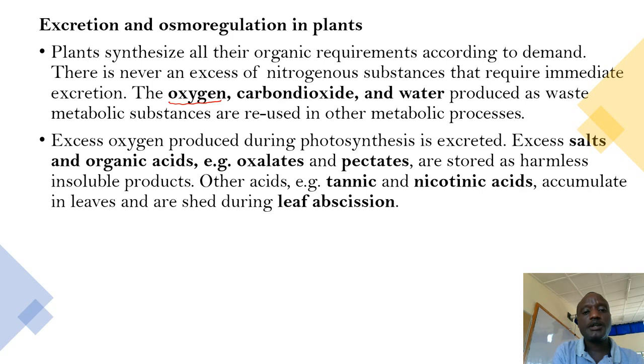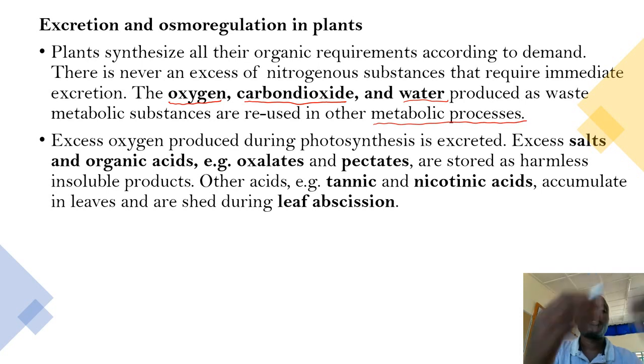We have oxygen, carbon dioxide, and water, produced as waste metabolic substances, but they have to be reused in other metabolic processes. A good example: excess oxygen is always produced during photosynthesis, but it has to be used during cellular respiration. So that is the advantage of it.